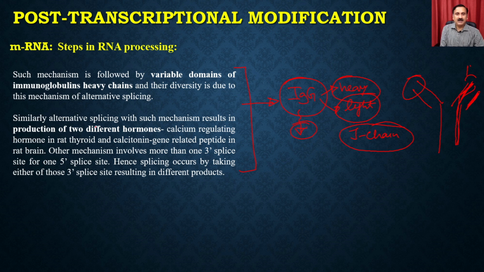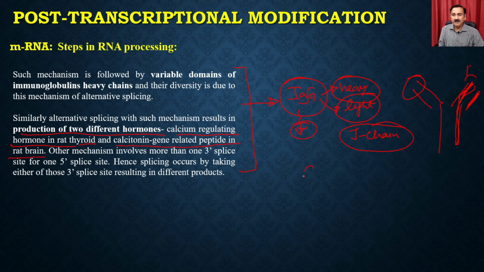Similarly, alternate splicing can also be responsible for the production of two different types of hormones. One is the calcium regulating hormone, which is produced in the rat thyroid, and the other is the calcitonin gene related peptide, which is produced in the rat brain.